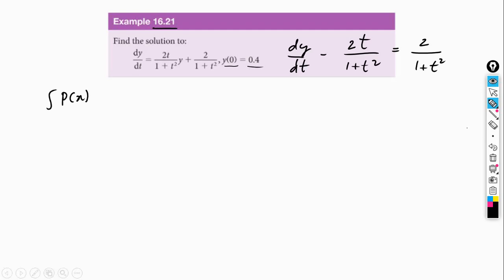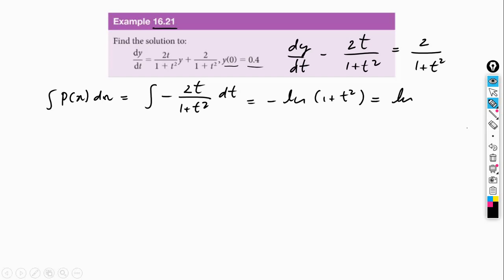So that's going to be the integral of, and here we have to be careful because it's negative, 2t over 1 plus t squared. And this is going to give us negative natural logarithm of 1 plus t squared, or natural logarithm of 1 plus t squared to the negative 1.